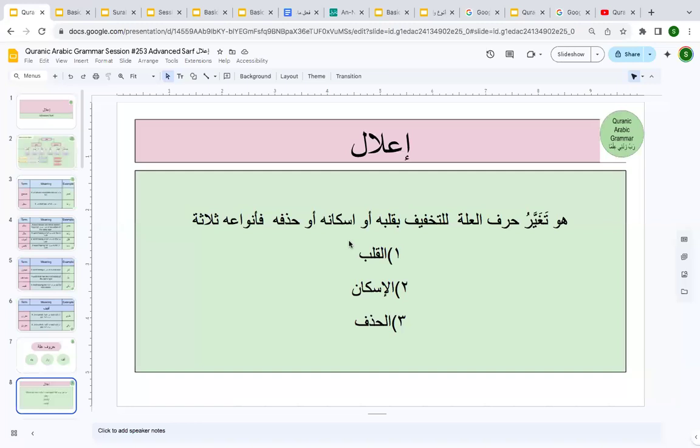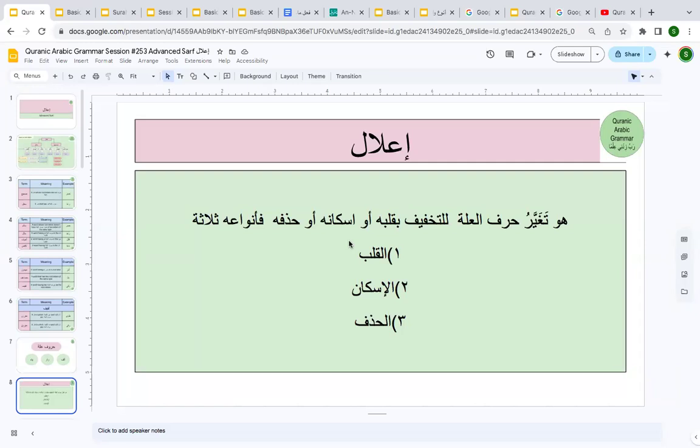Do you remember the definition of ibdal? Very similar sounding, from the same family. We learned the word ibdal especially when we were doing our ta families, in great detail. Ibdal is not merging. That is idgham. Idgham is merging.